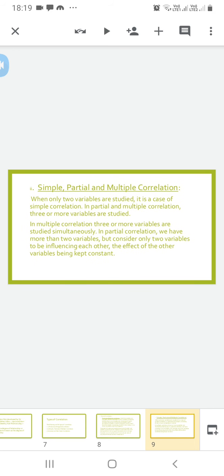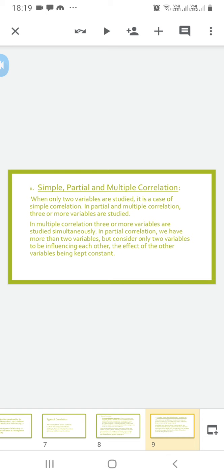Simple, partial, and multiple correlation. When only two variables are studied, it is a case of simple correlation. In partial and multiple correlation, three or more variables are studied. In multiple correlation, three or more variables are studied simultaneously.